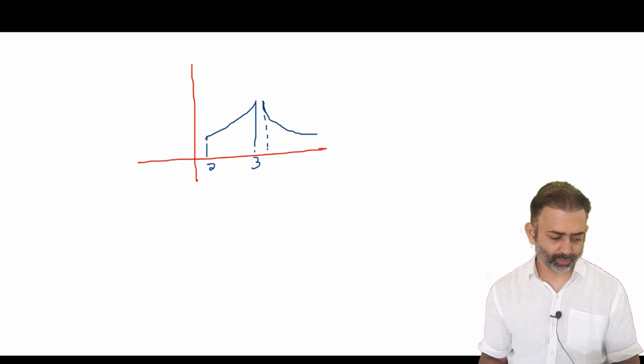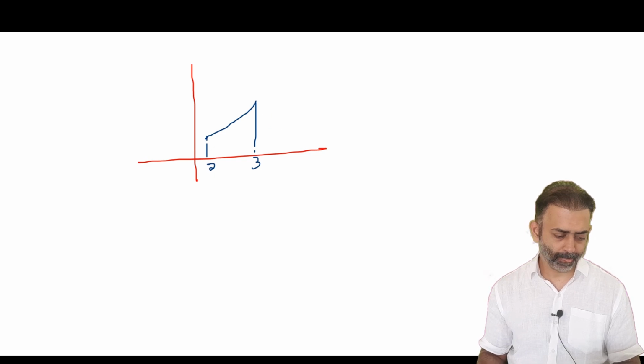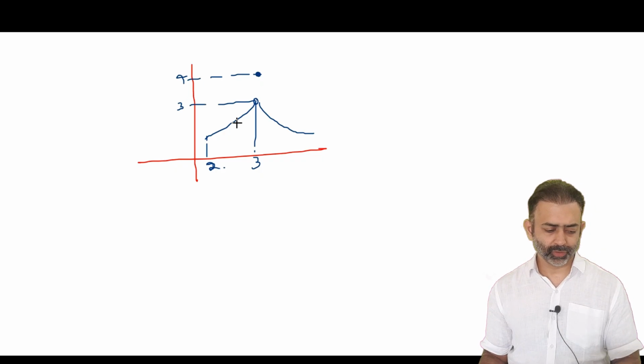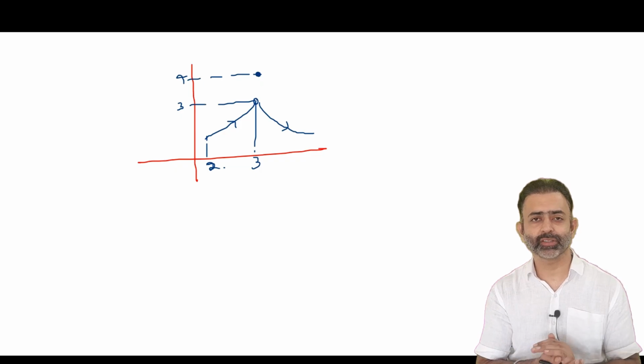Not 3, this is 3 only. Like this. This is 4, and let us say this is 3. Okay, now consider this function. The question is whether the limit exists or not.